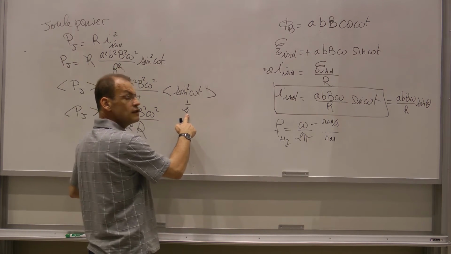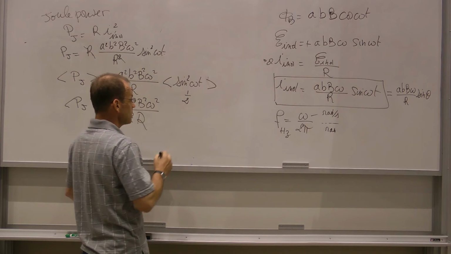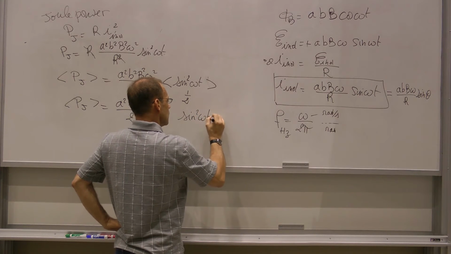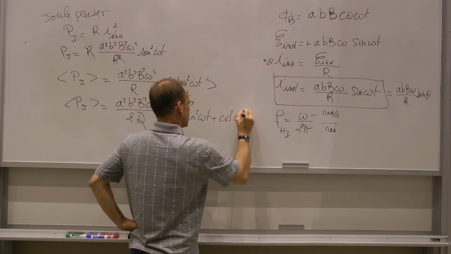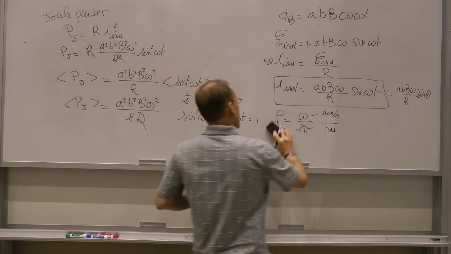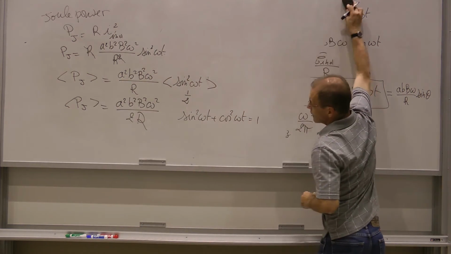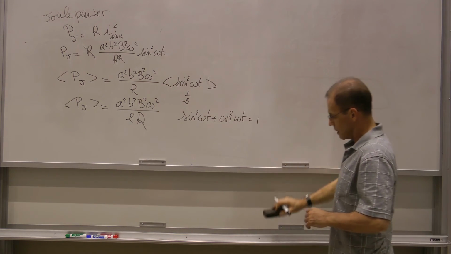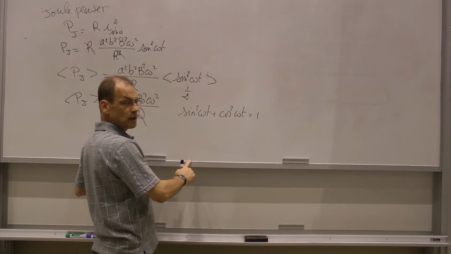To find this, the easiest way is a little mathematical trick. You say that sine squared omega t plus cosine squared omega t is equal to 1. Nobody will argue with you on this one. And then you're going to say, well, since sine and cosine are both periodic functions with the same period, then their averages are going to be the same.